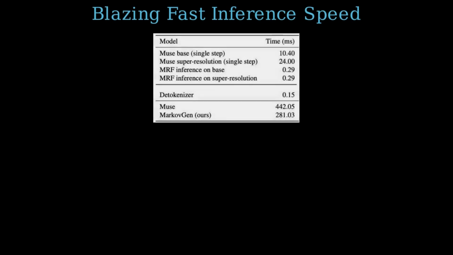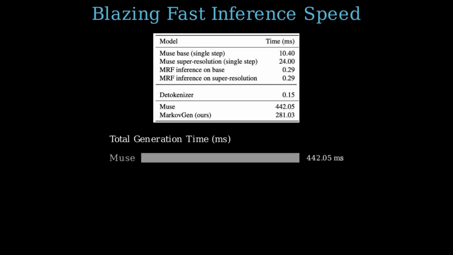Finally, let's talk about real-world performance. This table compares the generation speed of the baseline Muse model versus our hybrid architecture with Markov Gen. For the baseline Muse model, the total generation time takes 442.05 milliseconds. However, when combined with Markov Gen, we significantly reduce the base generation steps, and it only takes a tiny fraction of a millisecond for the MRF inference layer.